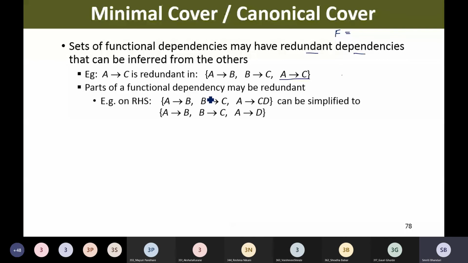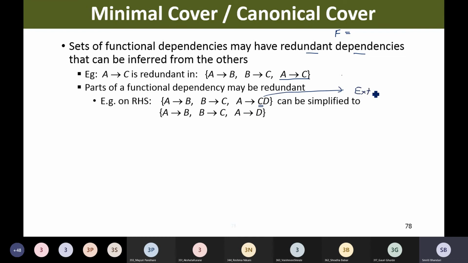So, for example, if I have this set of functional dependencies A to B, B to C and A to CD, then this set F can be simplified as A to B, B to C and A to D, where the attribute C is extraneous.